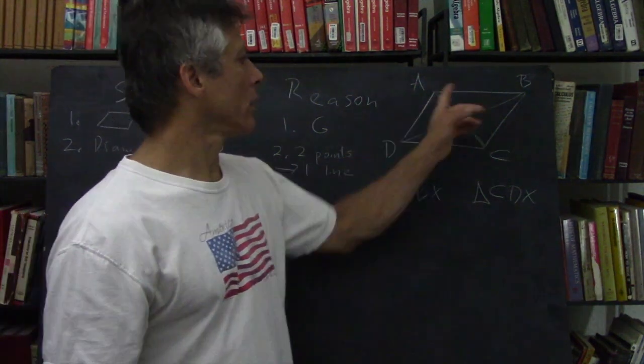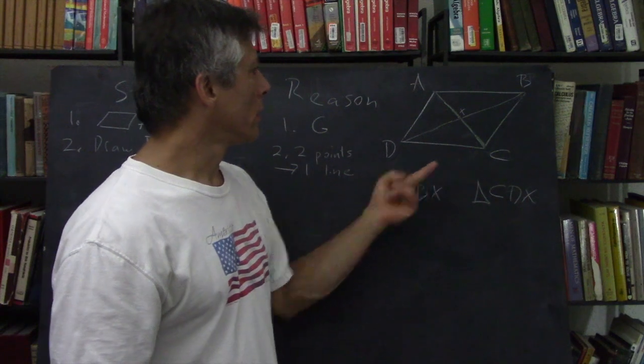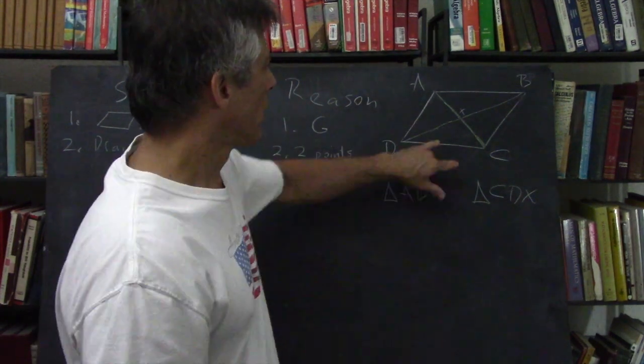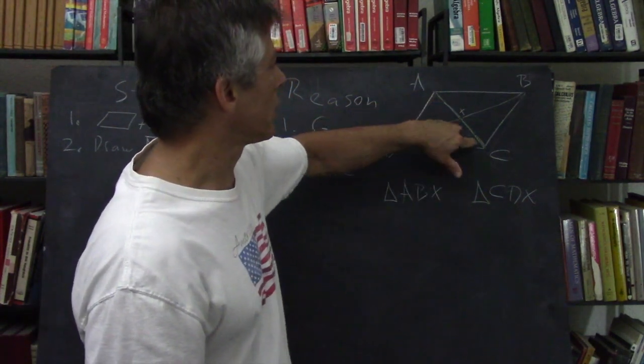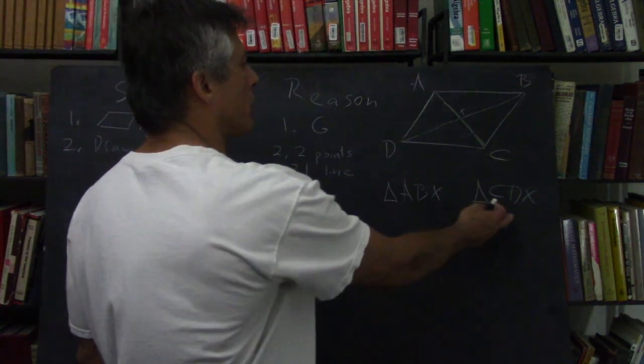If we can show triangle ABX is congruent to triangle CDX, then we can use CPCTC to say the parts are congruent. Okay, but how would we show these triangles are congruent?